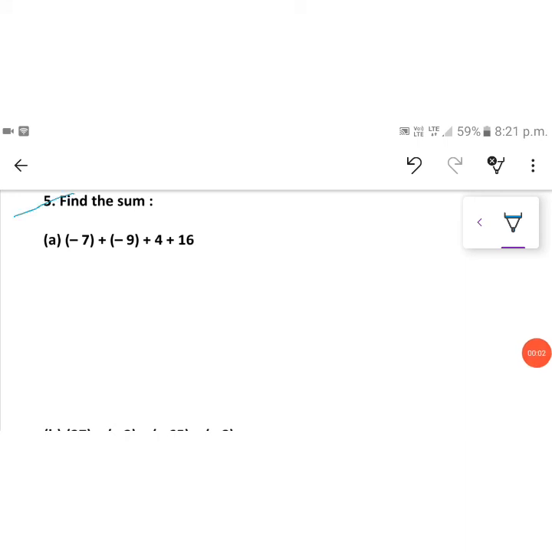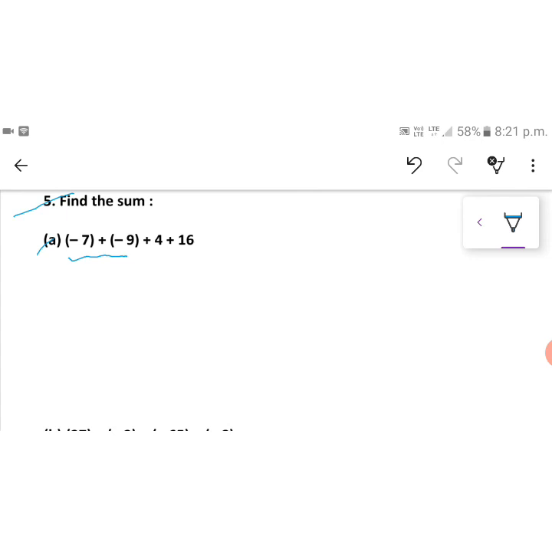Question number 5. Find the sum. A part. Minus 7 plus minus 9 plus 4 plus 16. First take the first two numbers. Minus 7 plus minus 9. Here the two numbers have the same sign. Then add the two numbers and give the same sign.